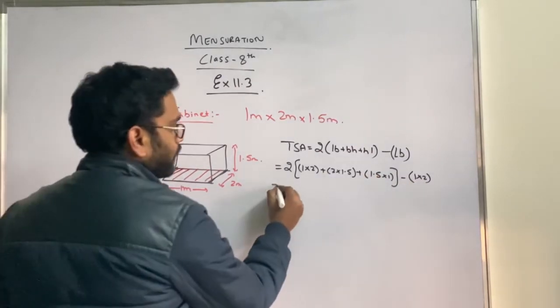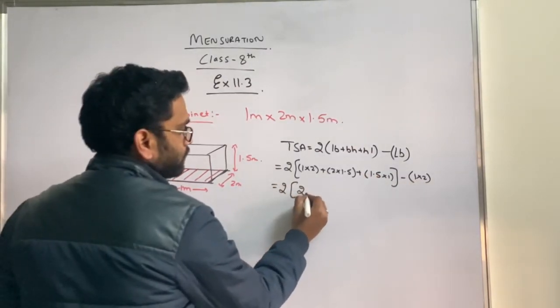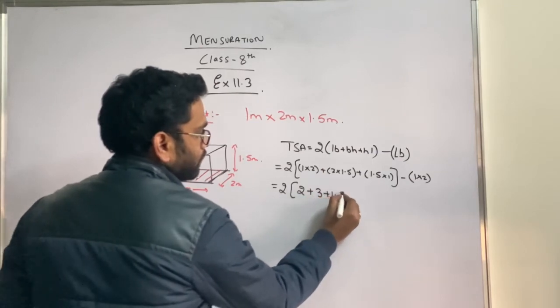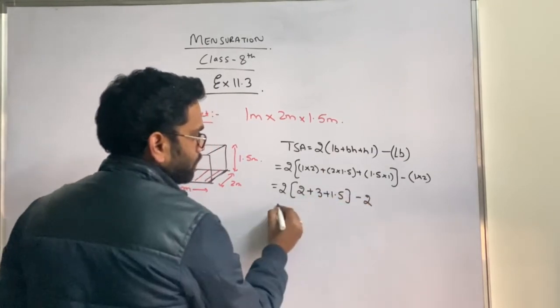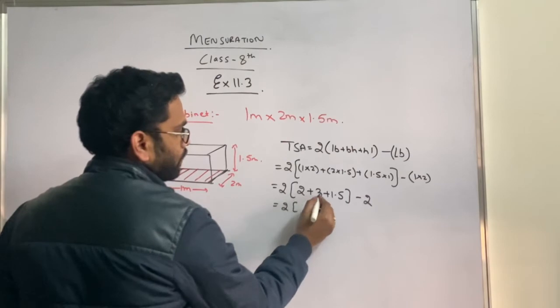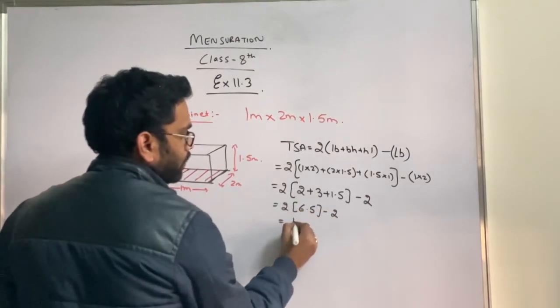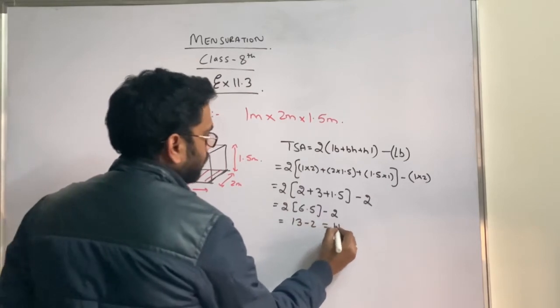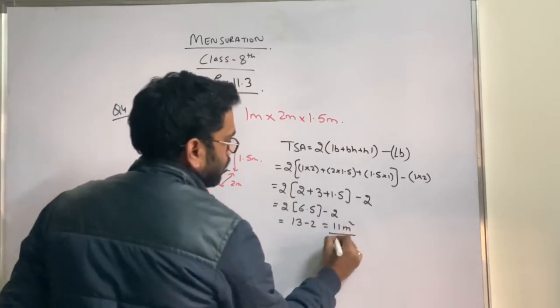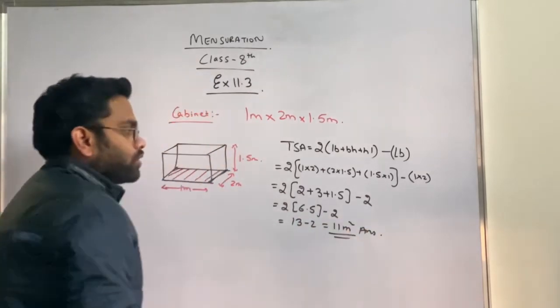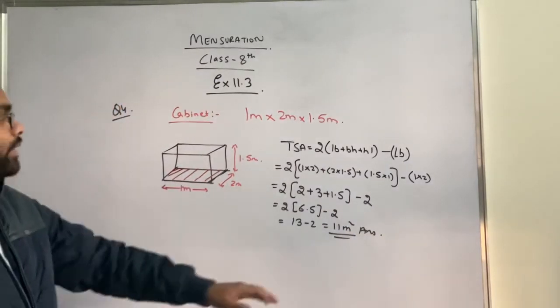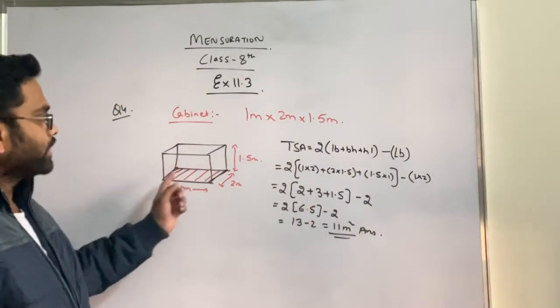So now let us see what is the area. 11 meter square. So this is my answer. So Rukhsar is painting 11 meter square of this cabinet.